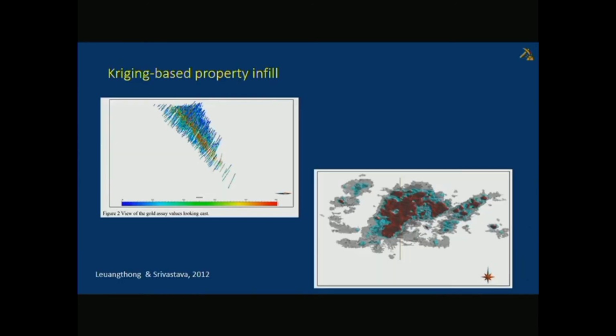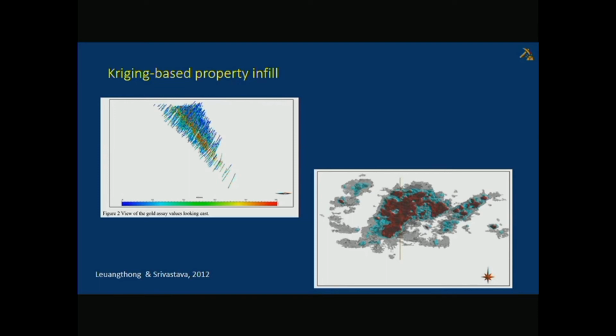We get to property infill, and in the mineral space, the classical property infill is some sort of kriging, some sort of geostatistical approach where you throw in all your drill holes, you throw in whatever you have, you do all sorts of pre-processing of that data to make it all nice, then you press the button, and it'll make some sort of geostatistical estimate of the distribution within a single domain.